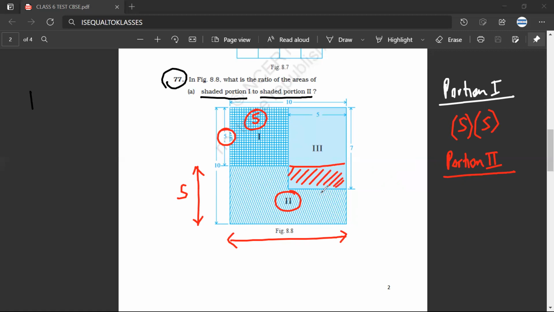So this is 5. Subtract 2 into 5. Okay. Great. So how can I find portion 2? I can multiply 5 into 10 and I subtract 2 into 5.